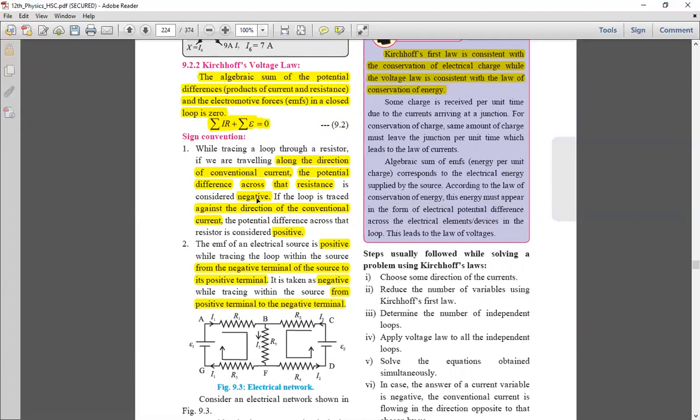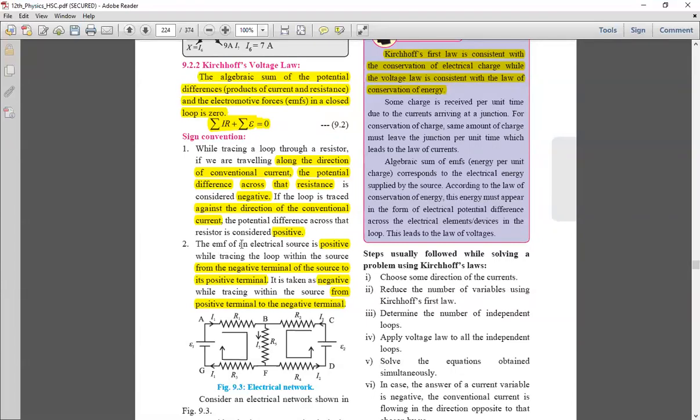As I said earlier, from positive to negative, it will come as negative. If you are going against the direction of conventional current, it means you are going from negative to positive, then the potential difference across that resistor will be considered as positive.